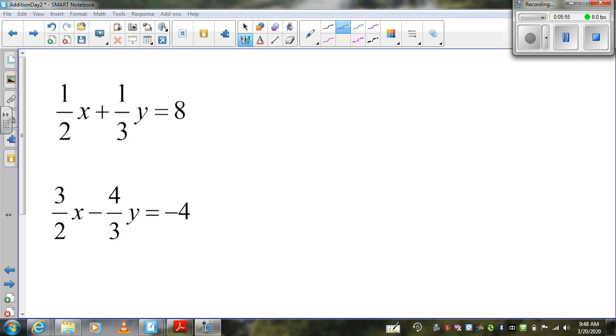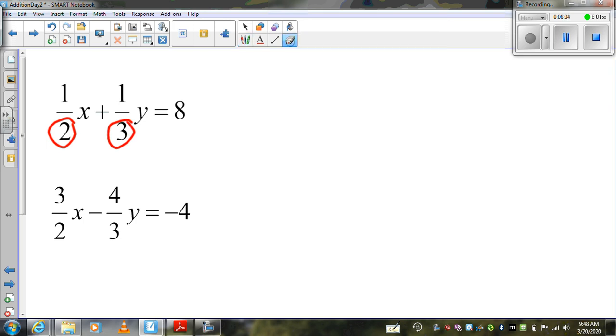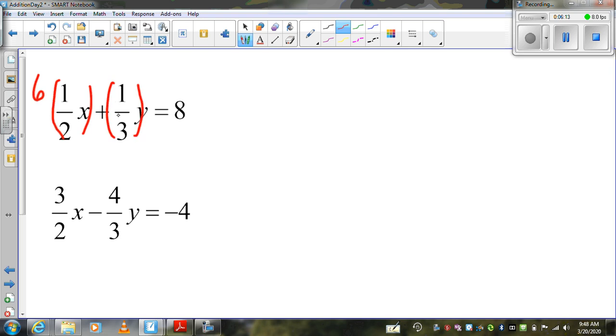And if you remember, to eliminate fractions, you think of a number that your denominators go into. So for example, in this first one here, I have a denominator of 2 and I have a denominator of 3. What's the number that 2 and 3 both go into? Well, that would be 6. So what I'm going to do is multiply every term here by 6. As long as you do the same thing to both sides, you're good.